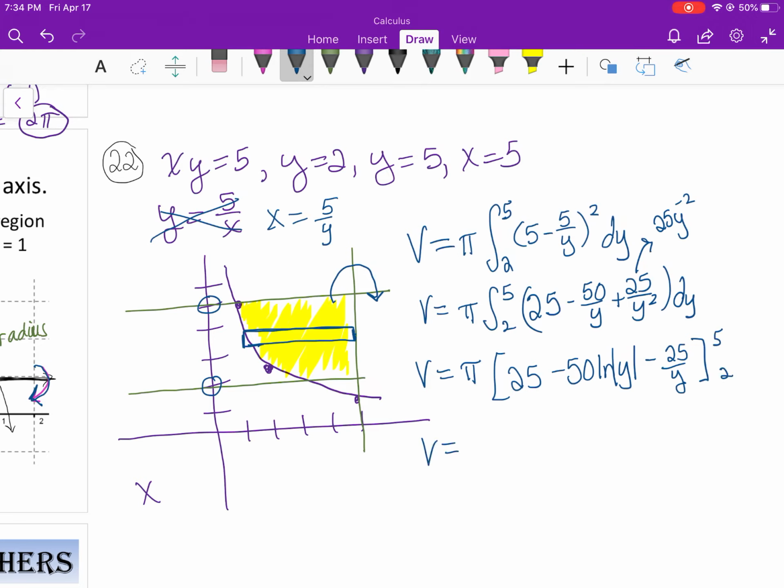Something else you can do is take out a 25 before you start plugging in. I made another mistake. That should have a y on it. All right, I think we're good to go now.